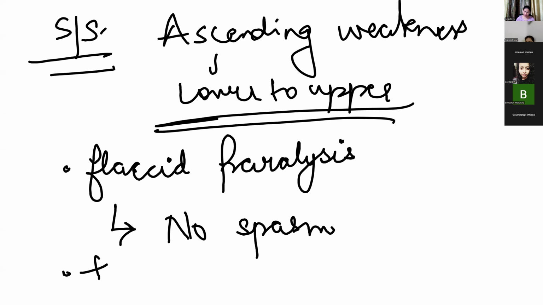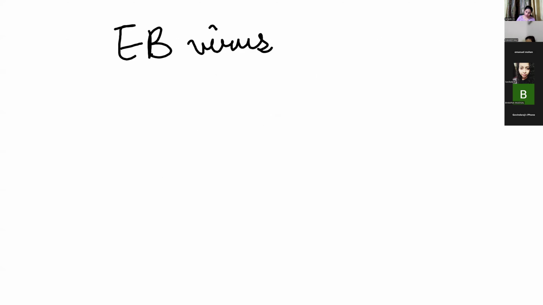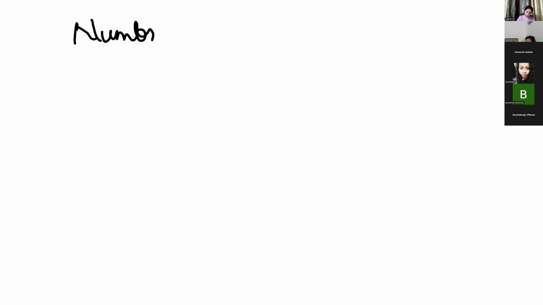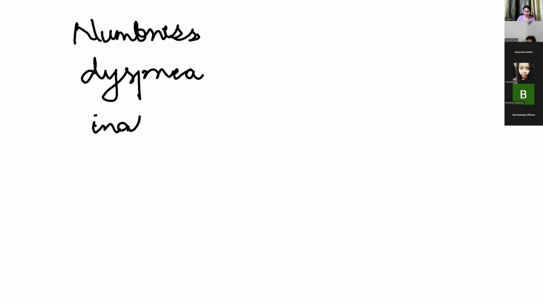Then there will be tingling, numbness, dyspnea, and inability to cough.